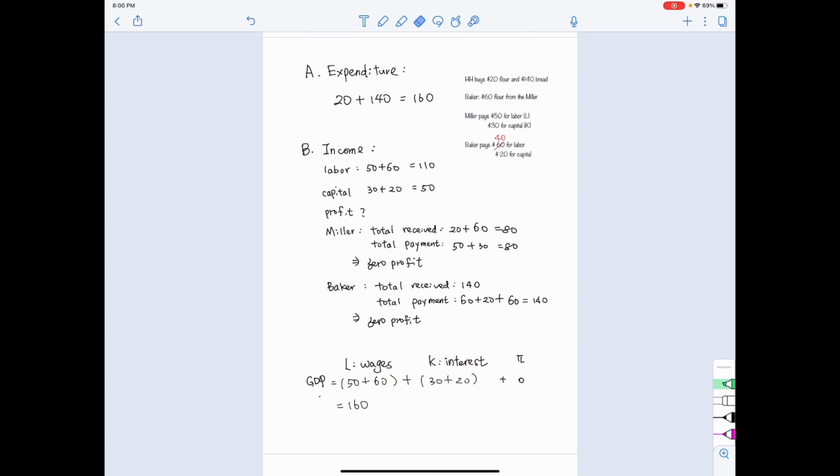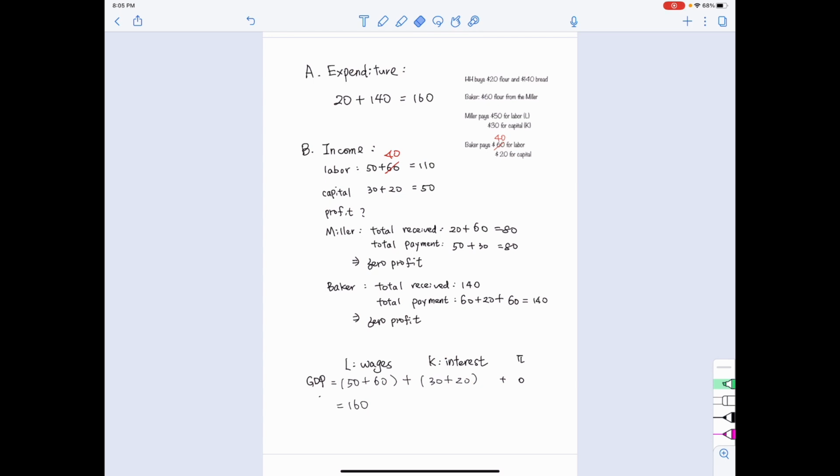Given that in the new example the baker pays $40 for labor instead of $60, let's look at how that affects the income for the different factors of production. For labor, we cross out the 60 and put 40. So now the total payment for labor equals 90.